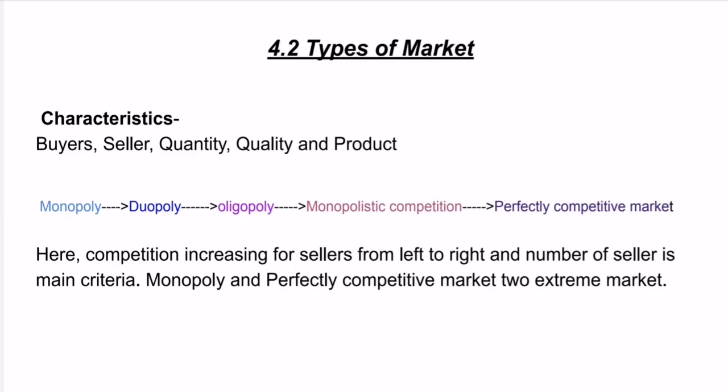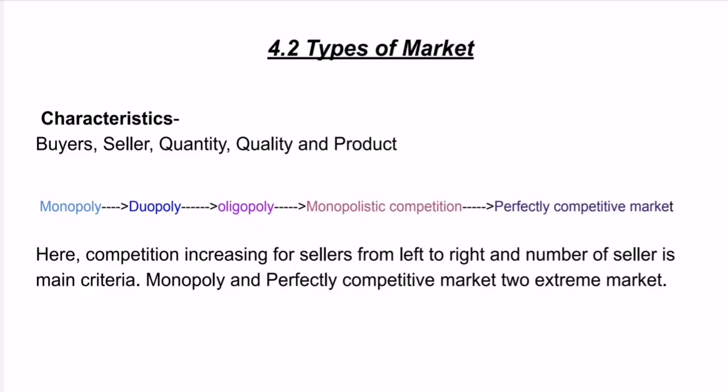Why? Here monopoly is that kind of market where there will be only one seller, and perfectly competitive market is that kind of market where there will be many sellers. So monopoly is the leftmost extreme market, where there is less competition and only one seller, and the rightmost extreme market is perfectly competitive market.